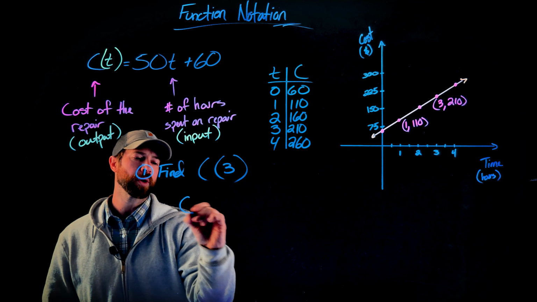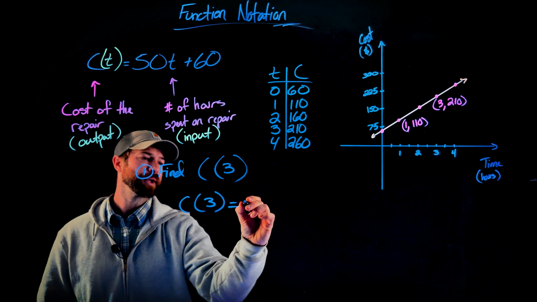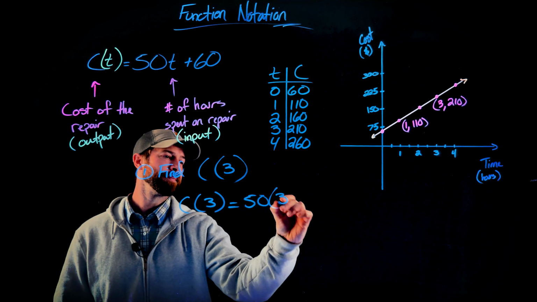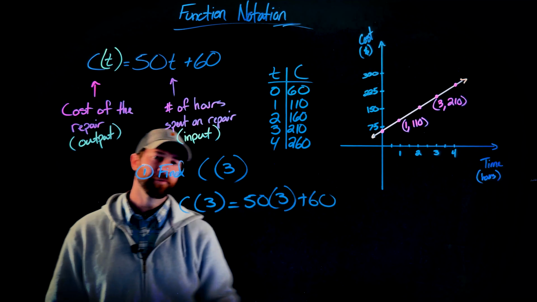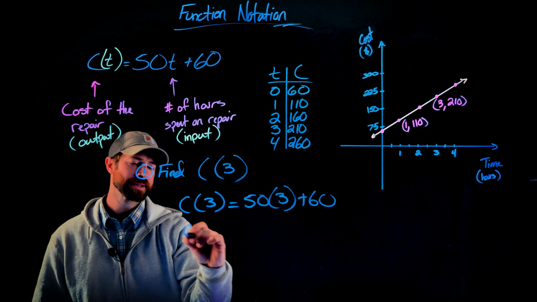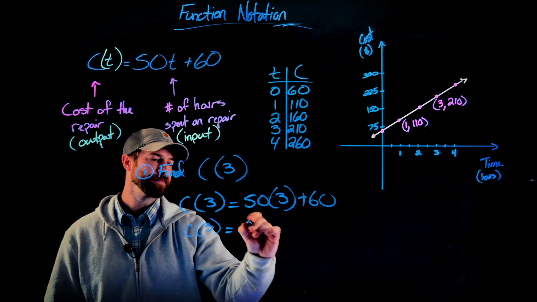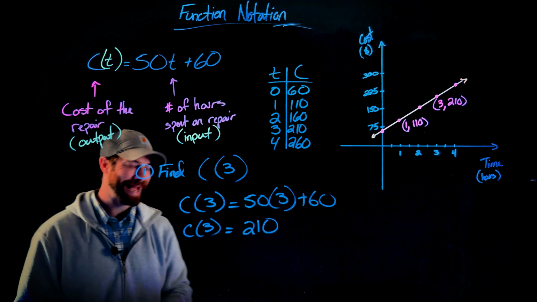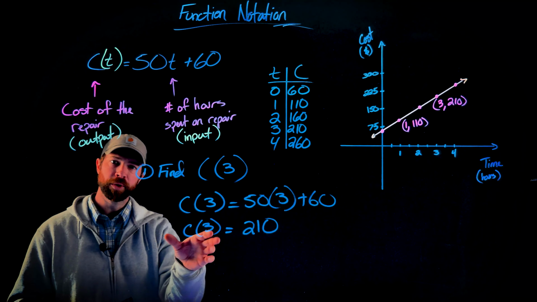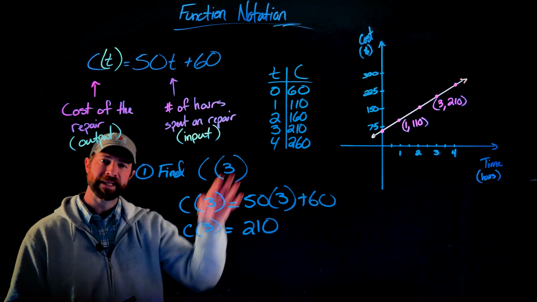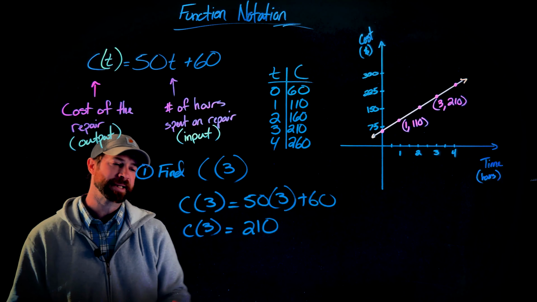To do this, what we're going to do is simply plug in 3 for t and evaluate this. When we do this, we'll get 150 plus 60, which is 210. This is a really important part of the notation, and I want to link it to the table and the graphical representation.